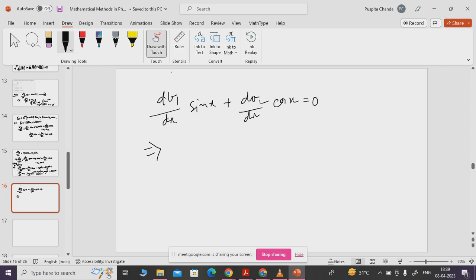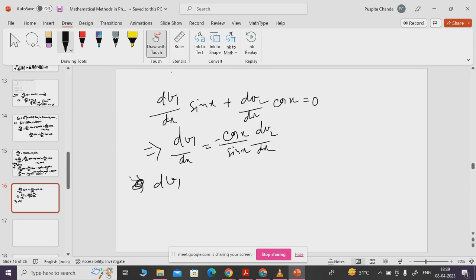So from this either we can obtain the value of dv1 dx and put the value in the previous equation, then we will get dv2 or v2, or we can do alternative. So dv1 by dx will be cos x by sin x dv2 dx.